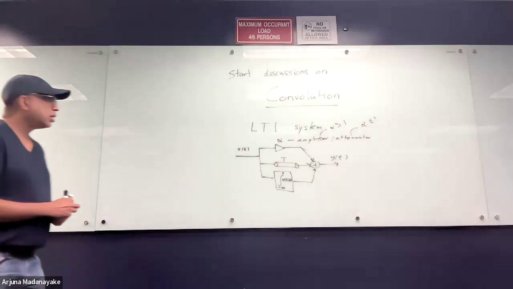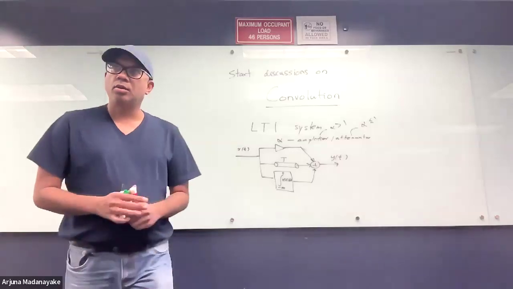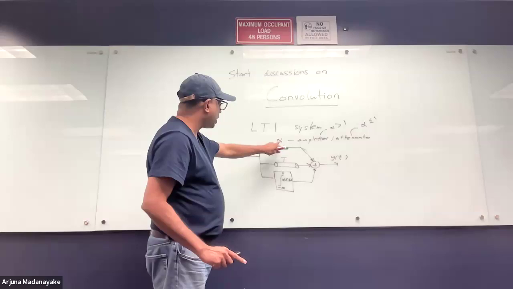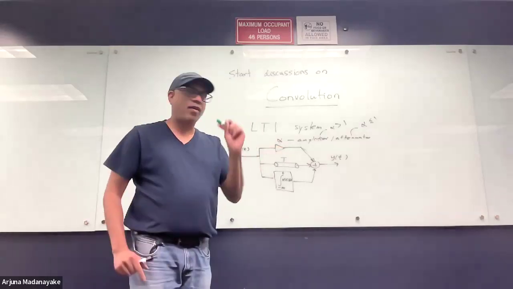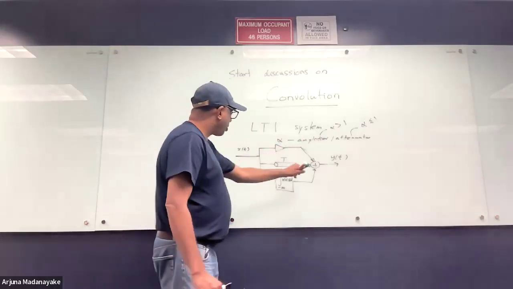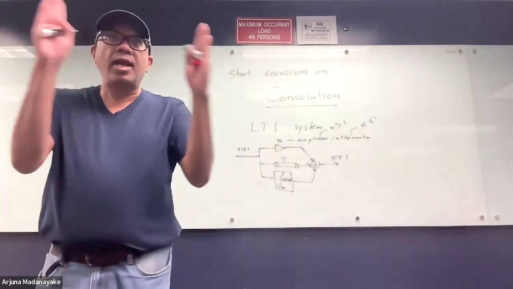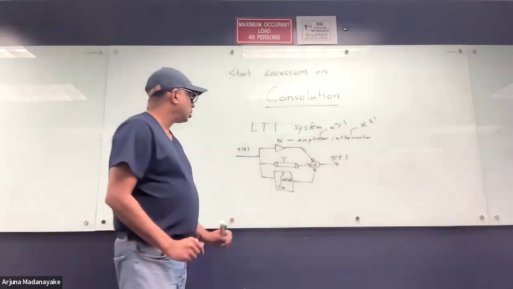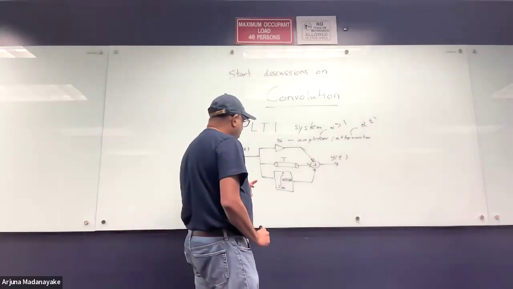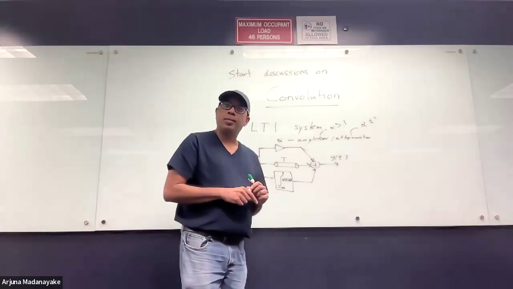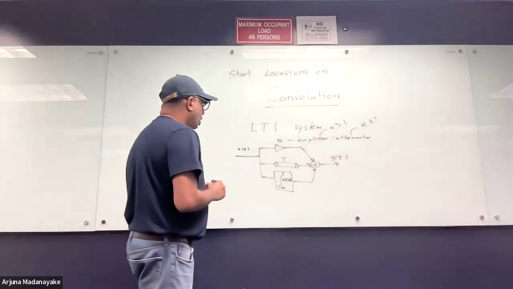The first branch is a pure amplification or attenuation, so that is modeled as a scaling constant alpha, right? So the gain is alpha. Second branch is a pure delay, so it does nothing to the signal except delay it by capital T, right? The third branch is an integration.